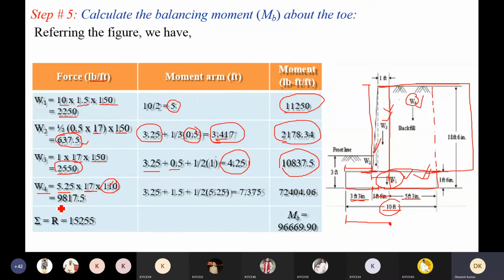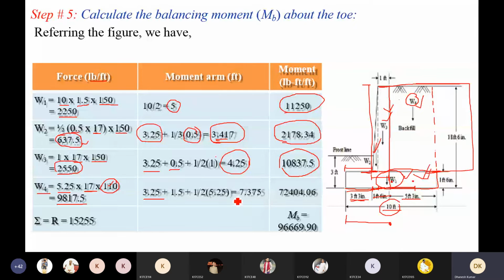So the total comes out to be 9,000. You have calculated the lever arm, which is at the center. So 3.25 foot plus half of the 5.25 foot portion, which is half of 5.25.